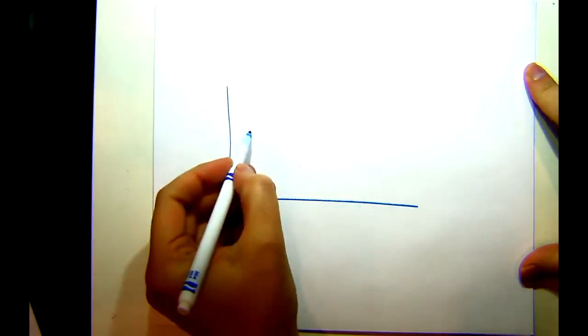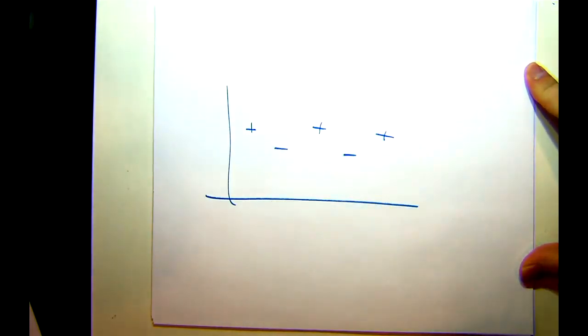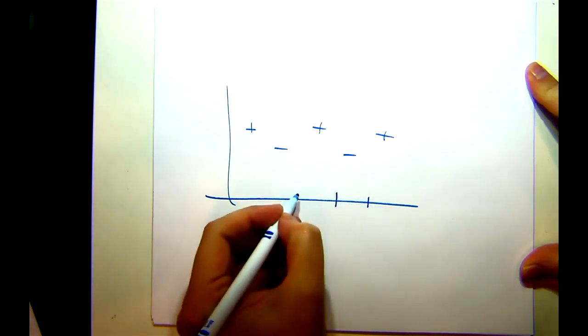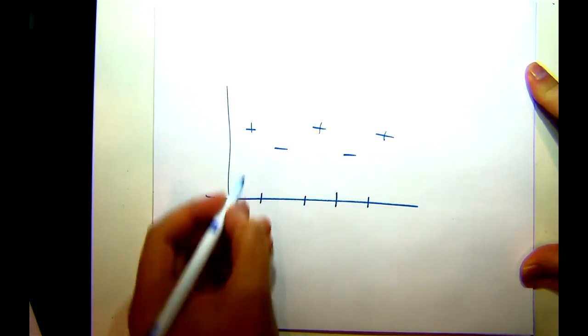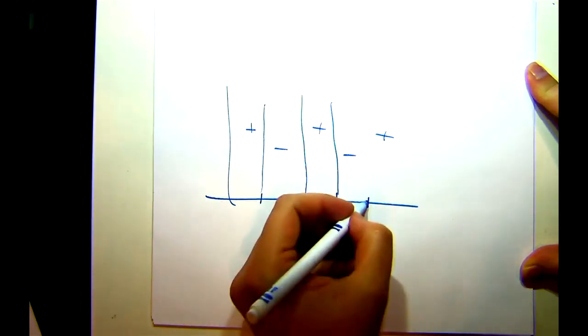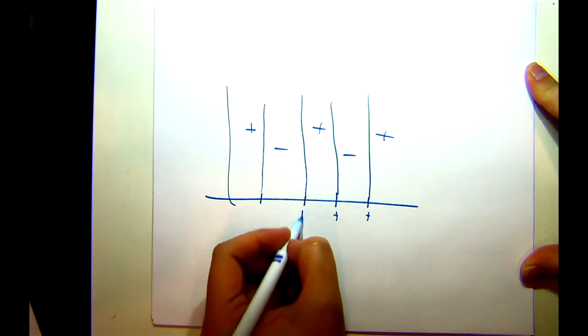If we have a bunch of positive and negative examples in a cell, the thresholds we're going to look at are going to be the halfway points between those particular examples. So this is sort of the halfway point. This is the halfway point. So these would all be candidate thresholds that we're going to consider.